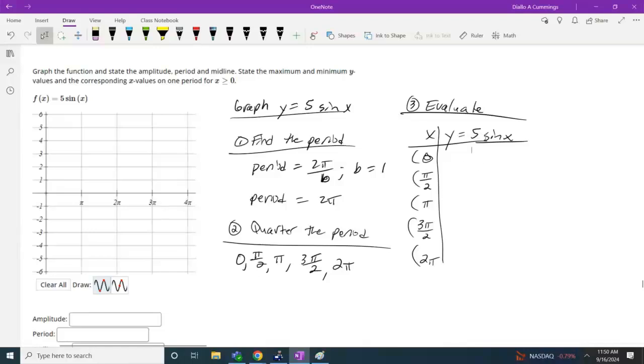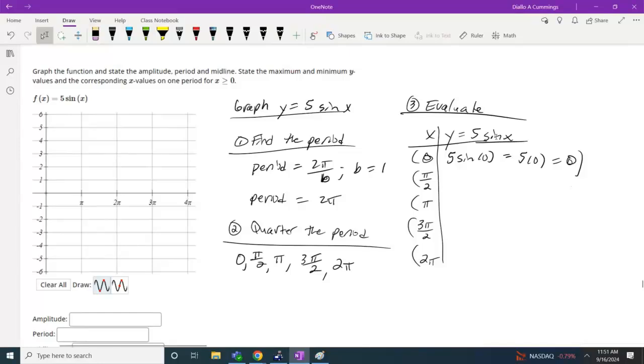To find 5 times the sine of 0, the first thing I want to do is find the sine of 0. If we take a look at the unit circle function values, the sine of 0 is 0, right? So 5 times 0 is 0, and that's the first ordered pair point. Notice I must simplify my trig function first and then multiply by 5.